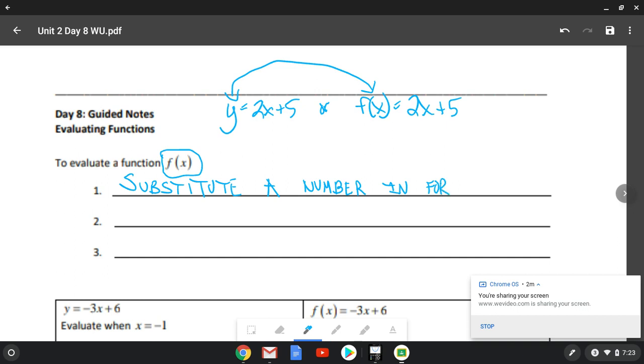In this case, I think it's always for x. So substitute a number in for x. So that's our first step. Then our next step is the same step that we did before. This is where we're going to simplify the expression, or just finish it. So we're going to substitute it in, and then we're going to actually try to get it down to a single number.